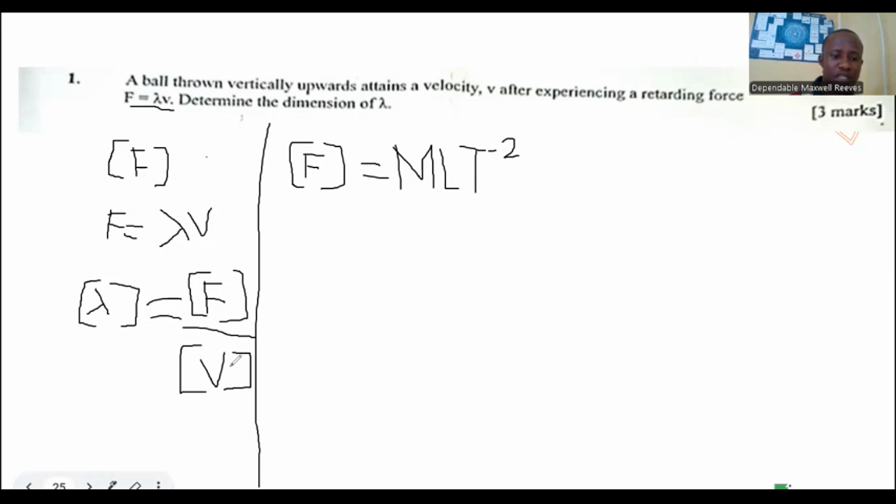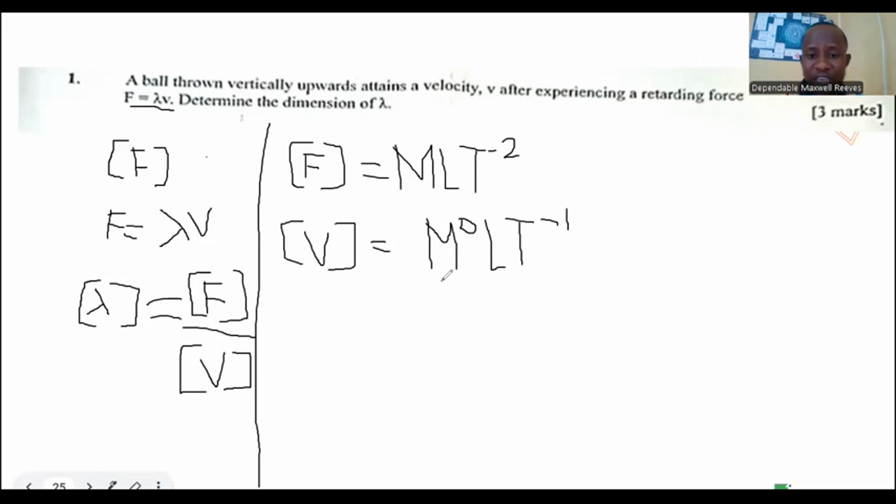The dimension of velocity V can be written as M to the 0, L, T to the minus 1.